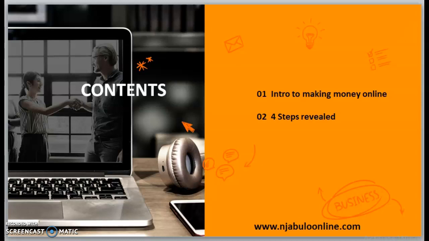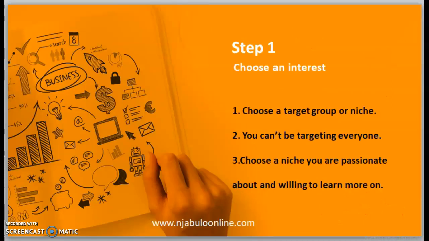We say we have the 4 steps, so let's go straight to them. Step number 1 is to make sure you choose an interest. Remember, I said there are a lot of opportunities and ways of making money online, so you have to choose your interest.